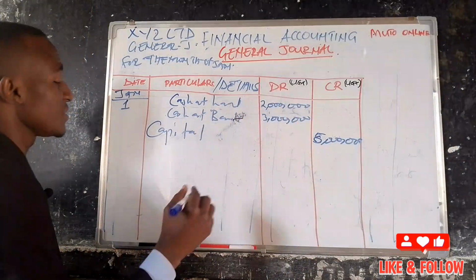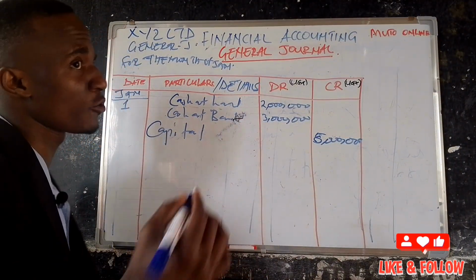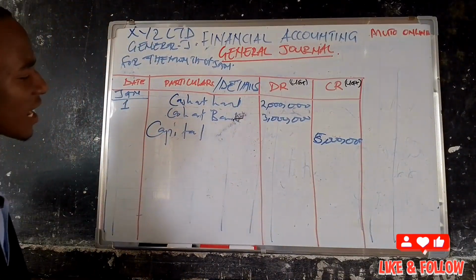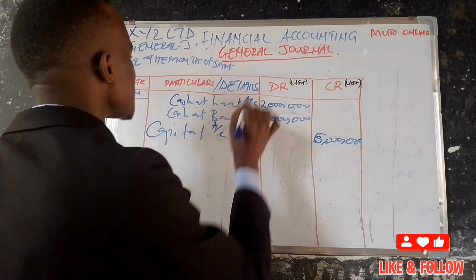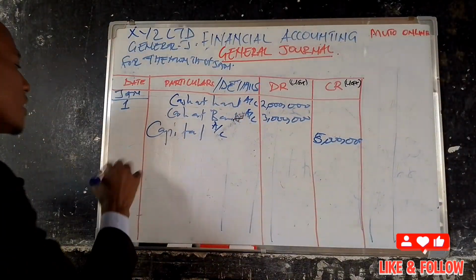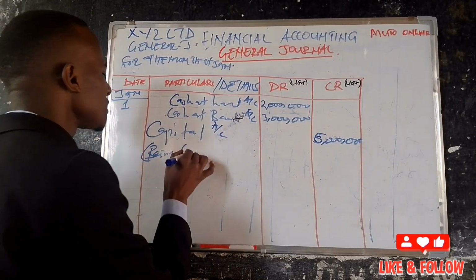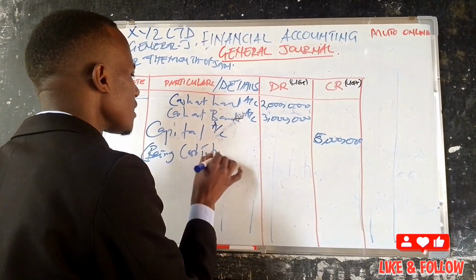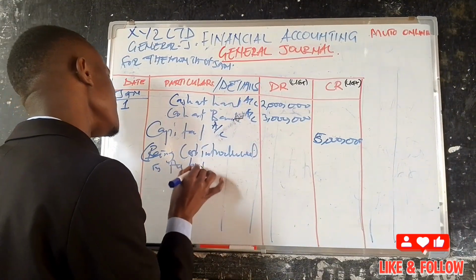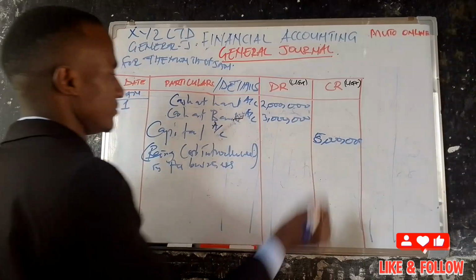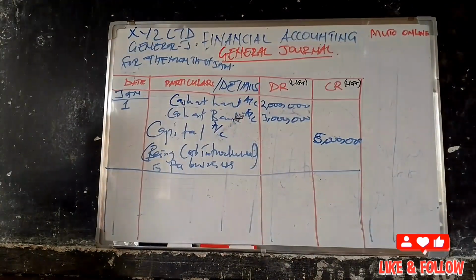And here I told you in the previous video that it has a specific feature as to why you are creating these accounts. Don't forget that all these are accounts, cash at bank account, something like that. And then you give a reason as to why: being cash introduced in the business, then you close that transaction.